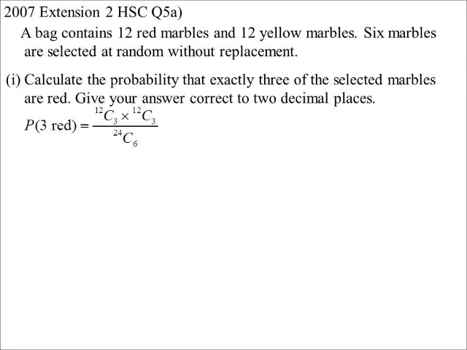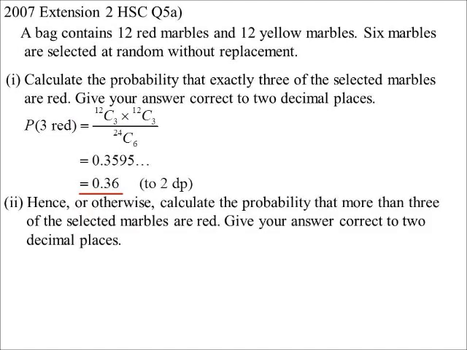So bottom of the fraction, there's 24 marbles all up. I'm going to select 6 of them, so 24C6. On the top, I want to select, what was it? Exactly 3 red, which therefore means we're also going to get exactly 3 yellow. So 12C3 times 12C3, and they've said to do it as a decimal, so 0.36 to 2 decimal places.